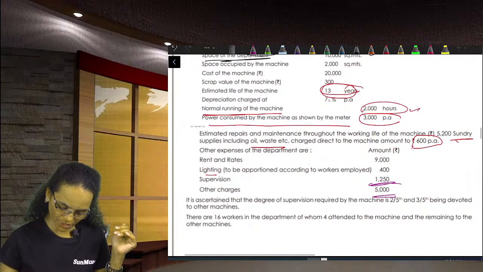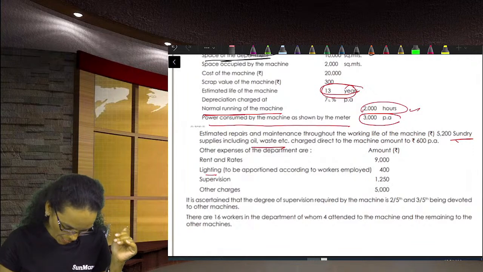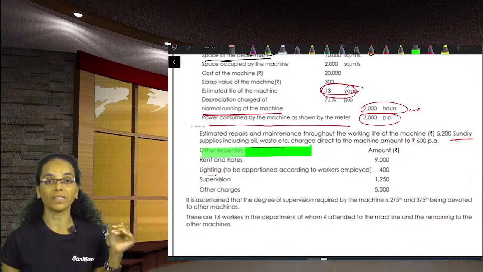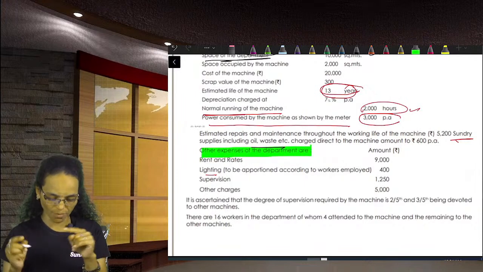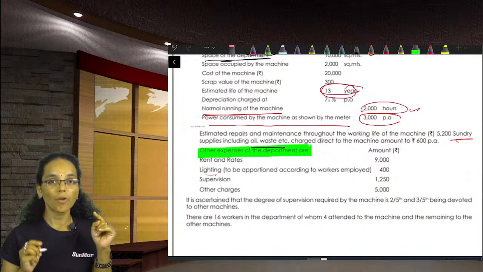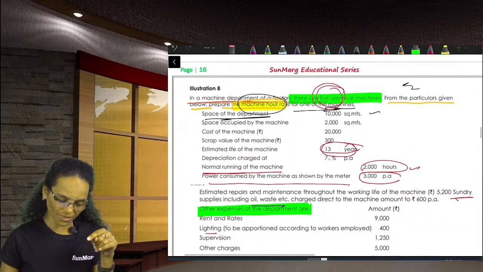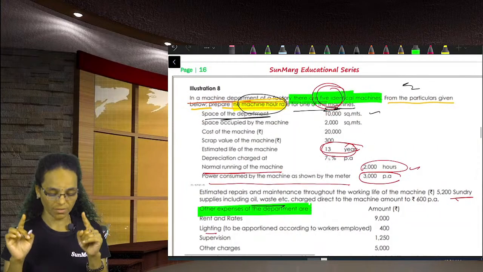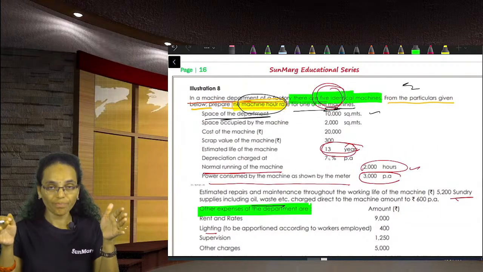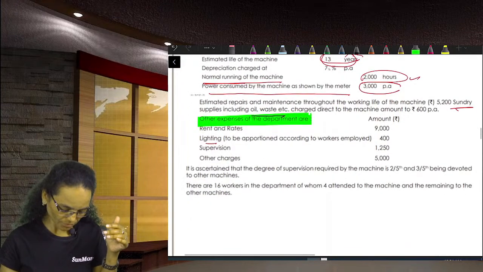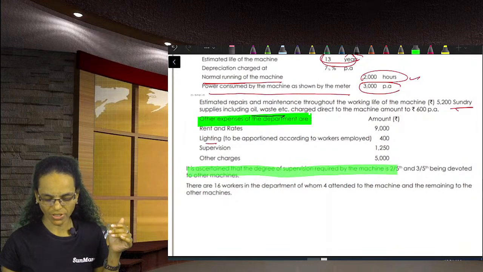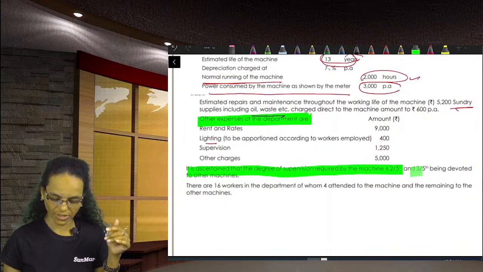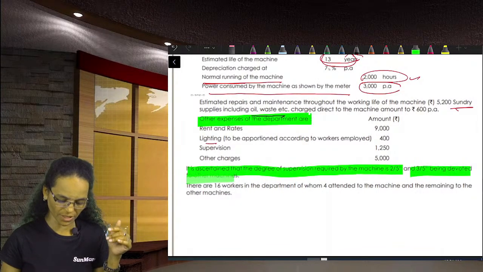See, again you need to pay attention here. Other expenses of the department are not for the particular machine we are talking about. This is for the department. We need to remember one thing: we have 5 machines in the department. It is ascertained that the degree of supervision required by this machine is 2/5, and 3/5 is devoted to the other machines.